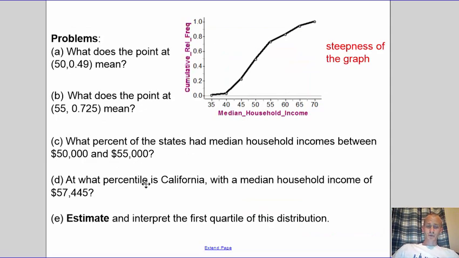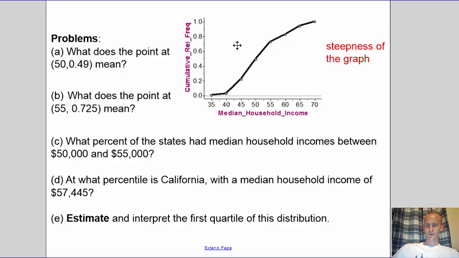So as we answer parts D and E, at what percentile is California with a median household income of 57,445? We can look along this and try to figure out where that is. So 57,445 is going to be right about here, right between our 55,000 and our 60,000. So tracing up, you get an idea, it's right about here.